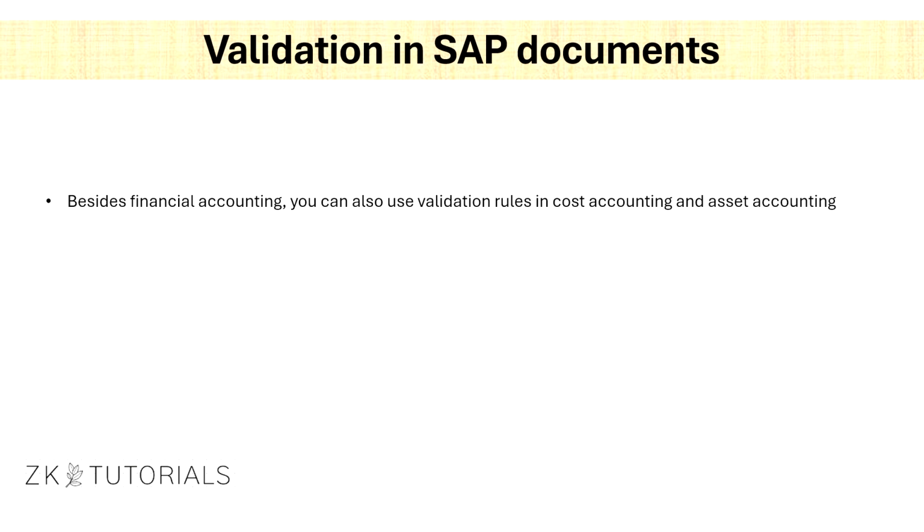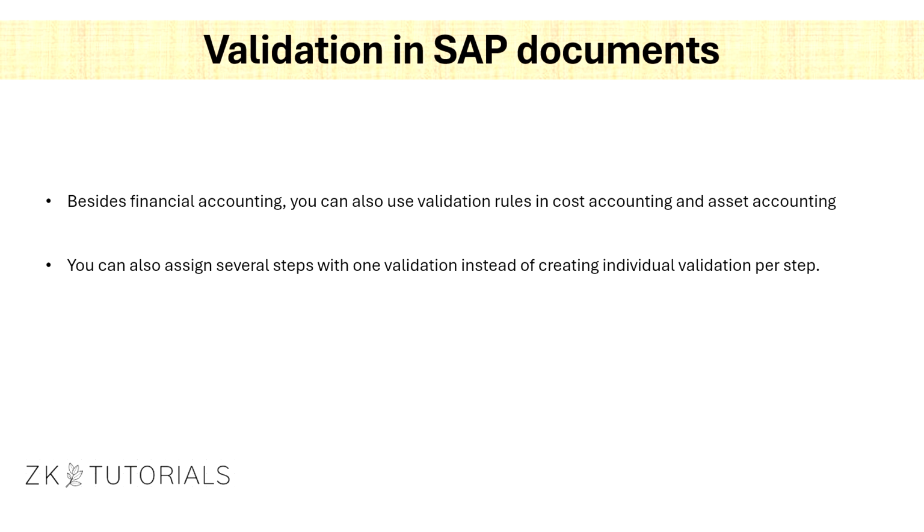Besides financial accounting, we can also use validation rules in cost accounting and asset accounting. You can also assign several steps with one validation instead of creating individual validation per step. The maximum number of steps possible in one validation is 999.